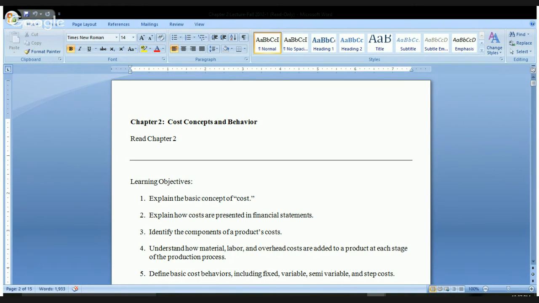Now, remember, beginning plus purchases minus work in process equals the ending.